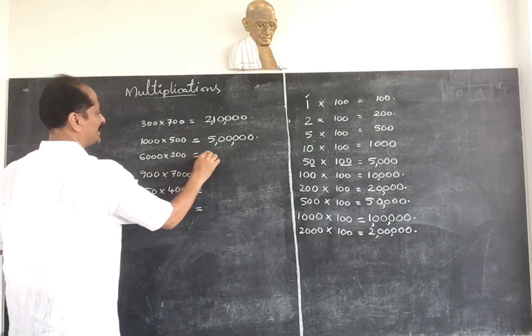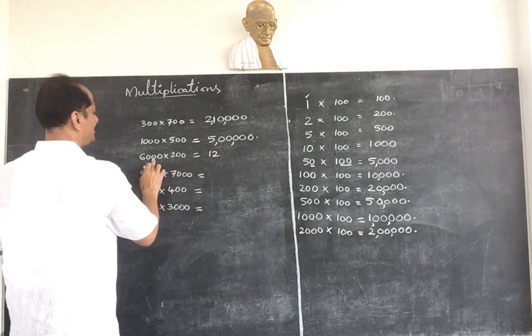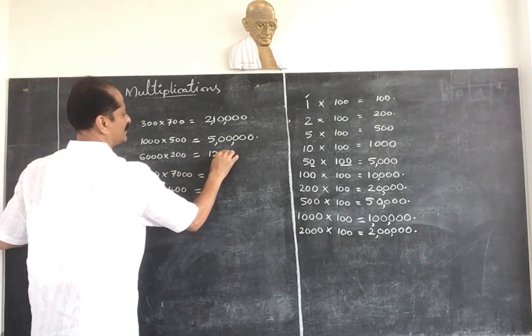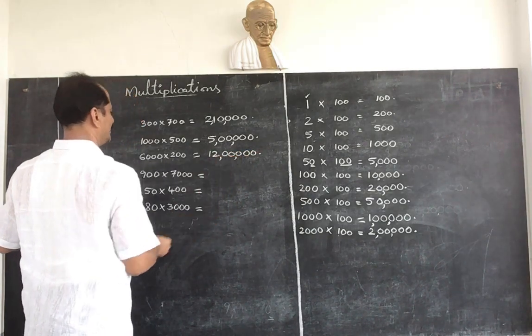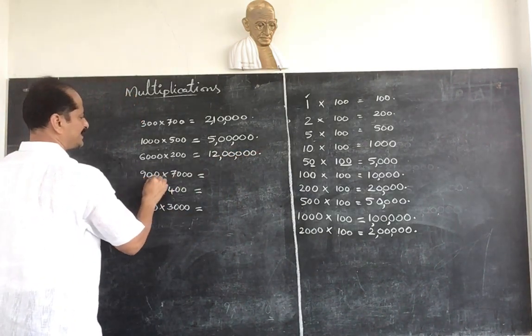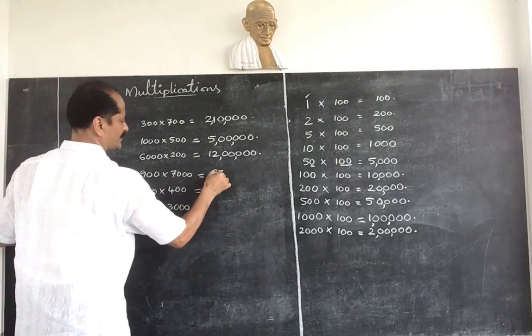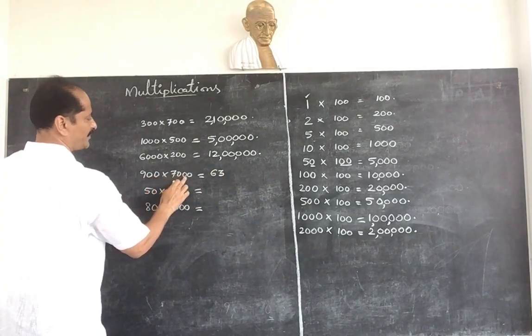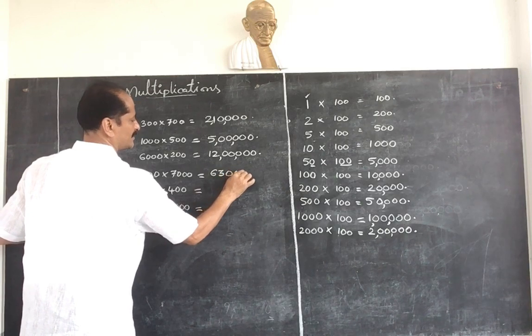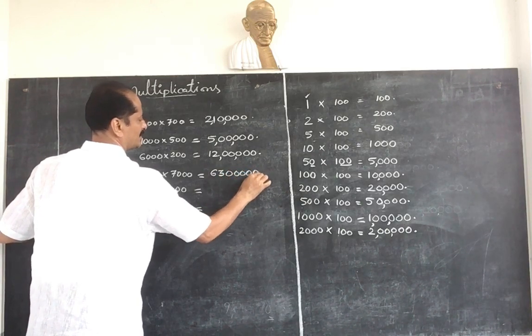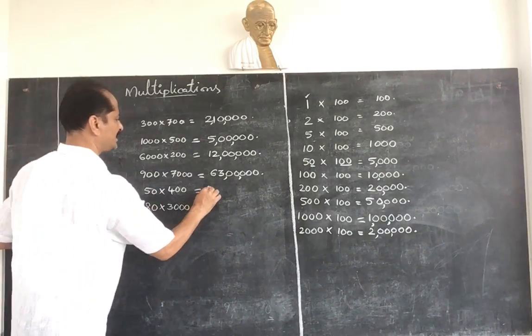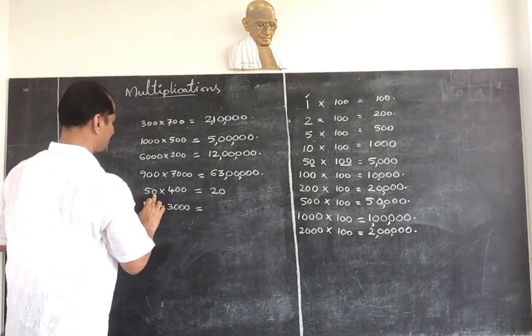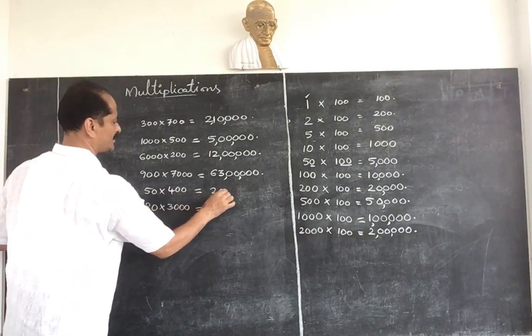Now 6 2s are 12, followed by 1, 2, 3, 4, 5 zeros. Next 7 9s are 63, followed by 1, 2, 3, 4, 5 zeros. Next 5 4s are 20. How many zeros? 1, 2, 3 zeros.